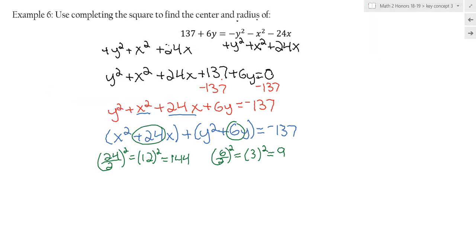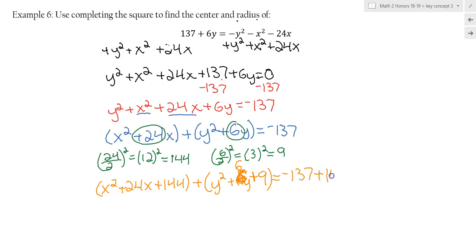So now we add these things into our perfect square trinomials. Plus 6y plus 9. This is a 6, by the way. Equals negative 137.